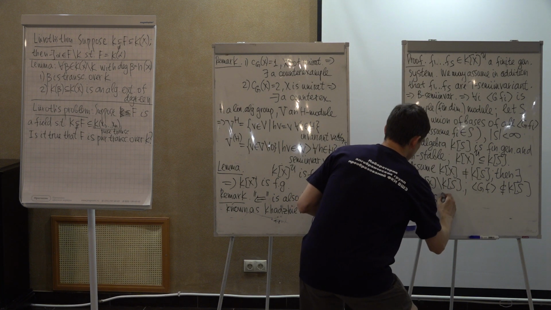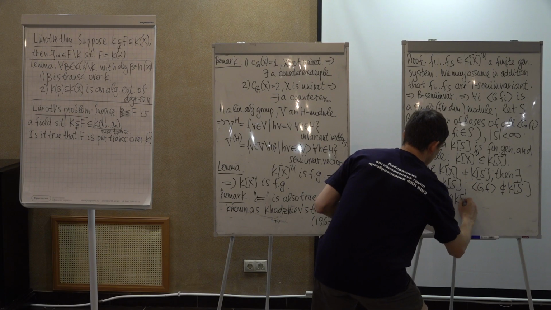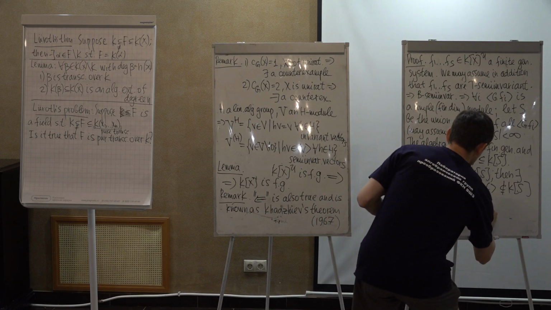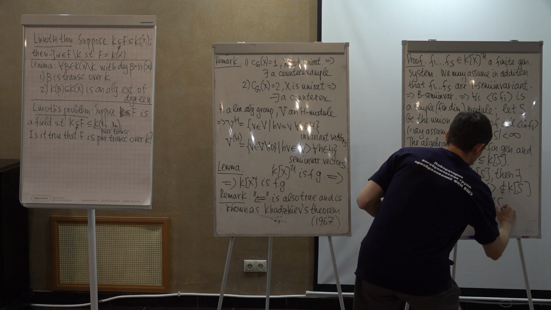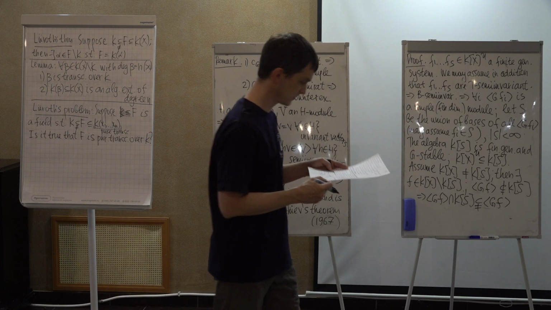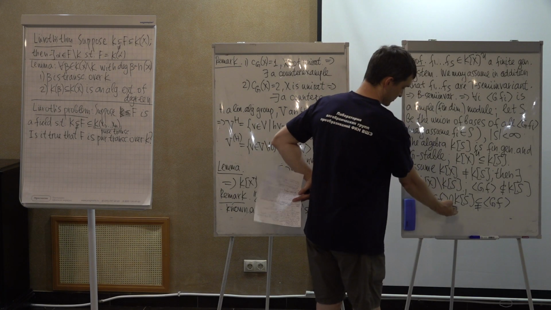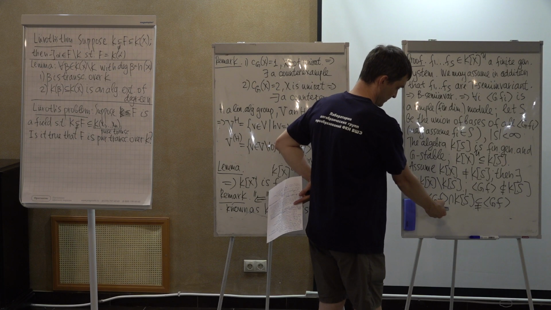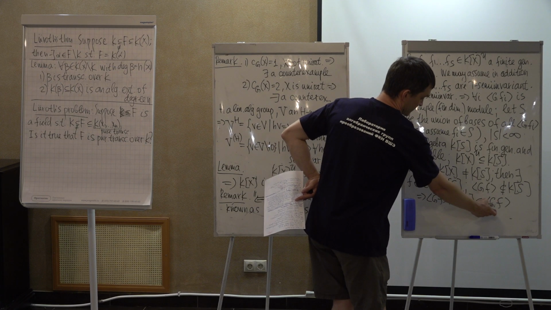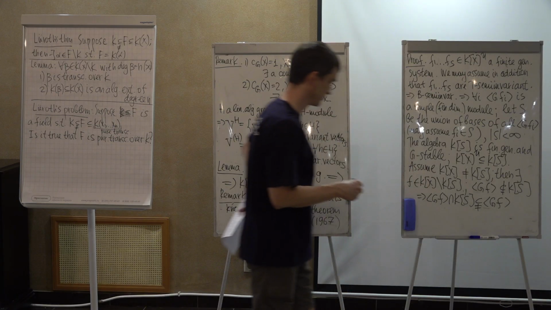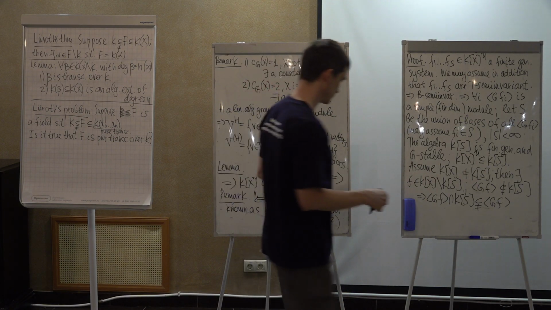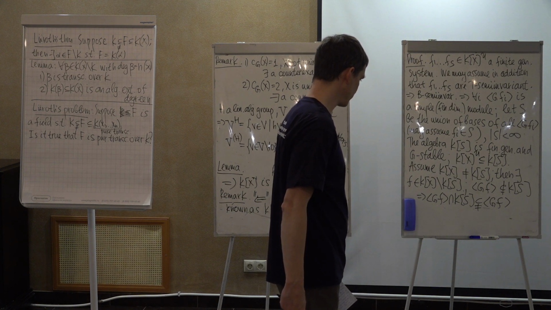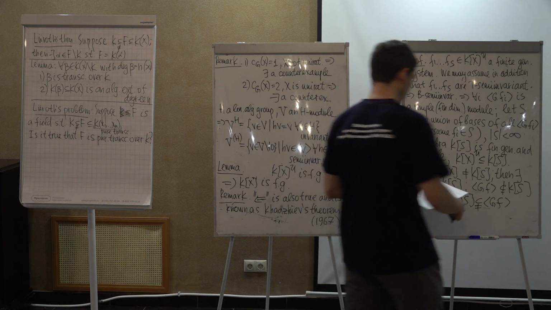Therefore, if we intersect with this K[S], this will be strictly contained in the G module. Since G is reductive, its representation on this G module is completely reducible. So this is a G submodule, and we can find a complementary finite dimensional G module.